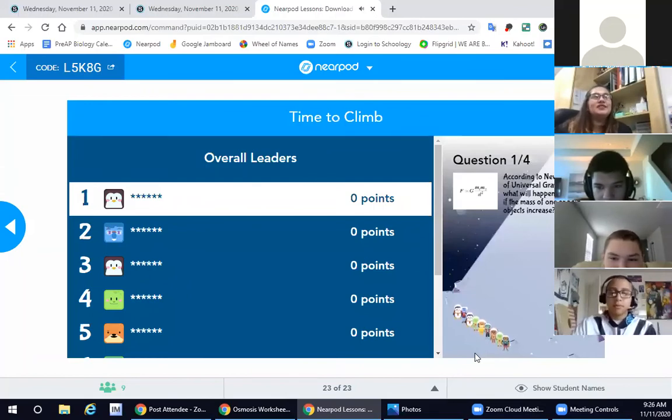According to Newton's law of universal gravitation, what will happen to the force if the mass of one or both objects increase? So if mass increases, what happens to force?